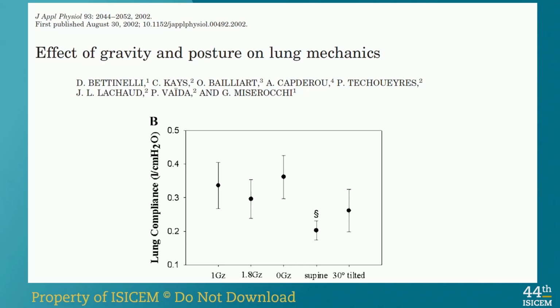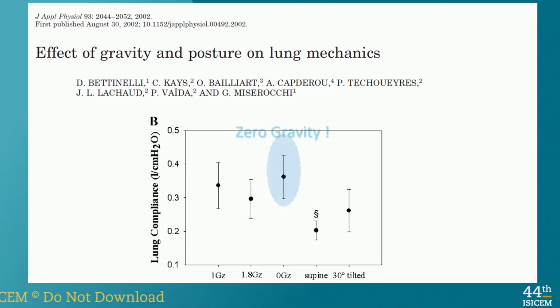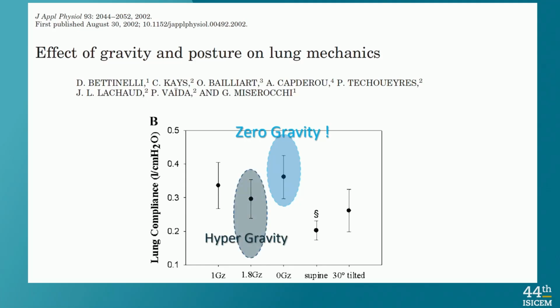This is proven in an old study where they had parabolic flights. Whenever we had zero gravity, lung compliance increased. And then with hypergravity, lung compliance decreased. So just by increasing the gravity forces, you can make the lung more heterogeneous, with less overall compliance.